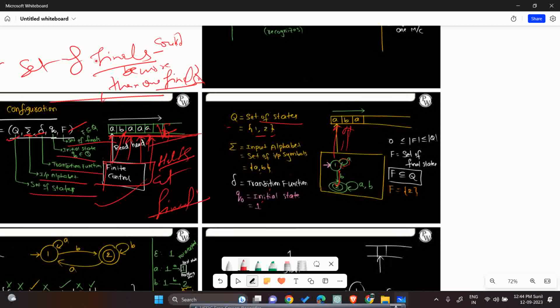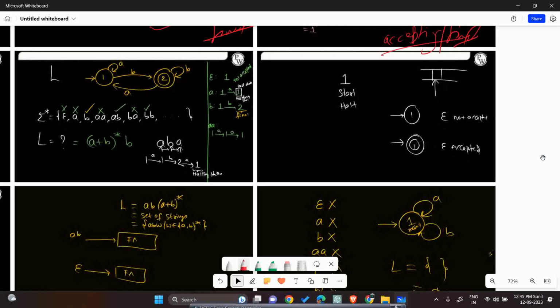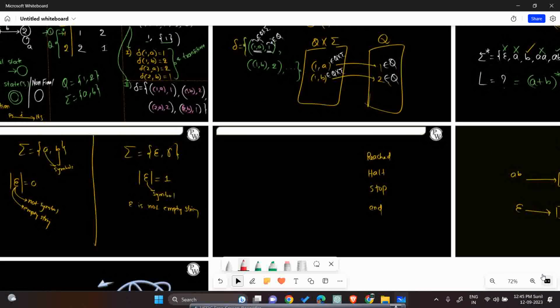When we are at state 2, whether the input is A or B, we will remain at state 2, which is the accepting state, the final state. Final is 2, and F belongs to Q. F is a set of final states. There could be zero finals also, the number of finals being zero is also possible.